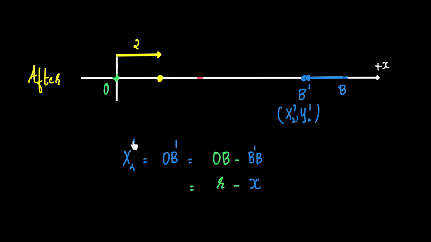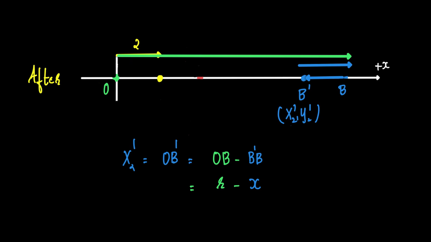So x2 dash is equal to OB dash. And from the geometry of the figure, OB dash is equal to the complete length OB minus this small length BB dash, right?